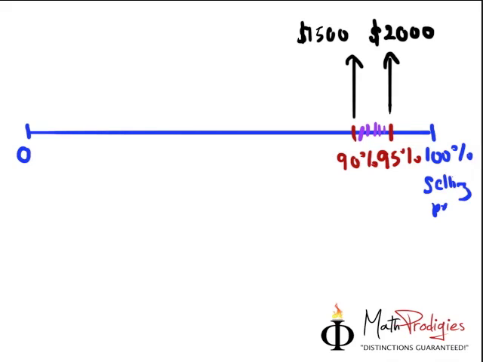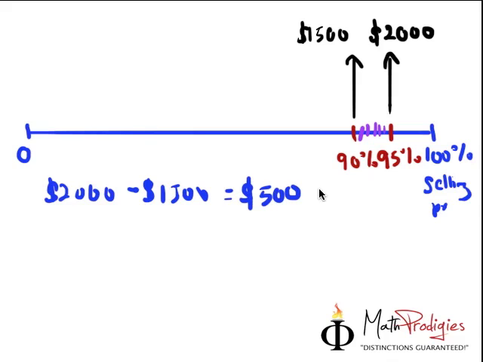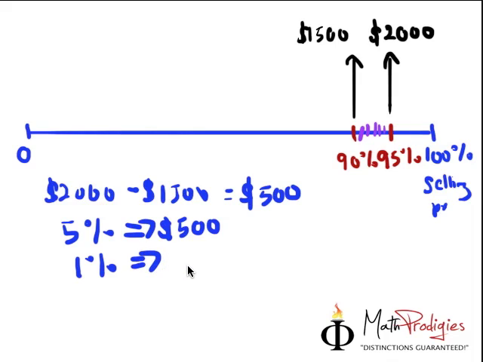So you should just simply write $2,000 minus $1,500 gives you the answer of $500. Am I right? Now this $500 is how many percent? 5%. 5% is $500. So for the purpose of making things easier, let's find out what is 1%. 1% is basically $500 divided by 5, which gives you $100.